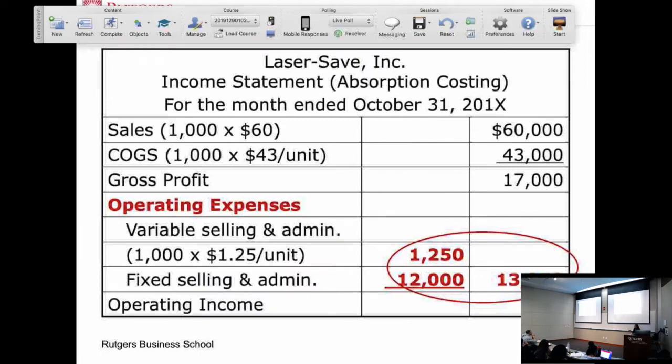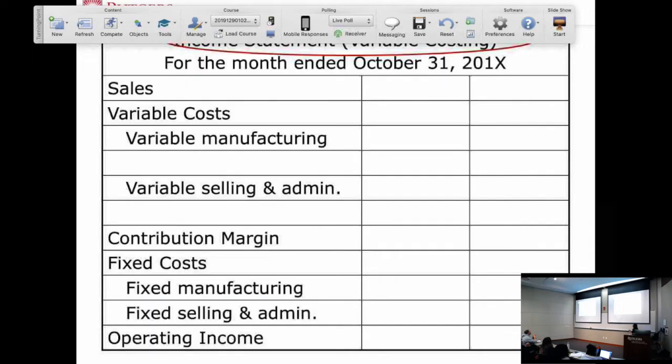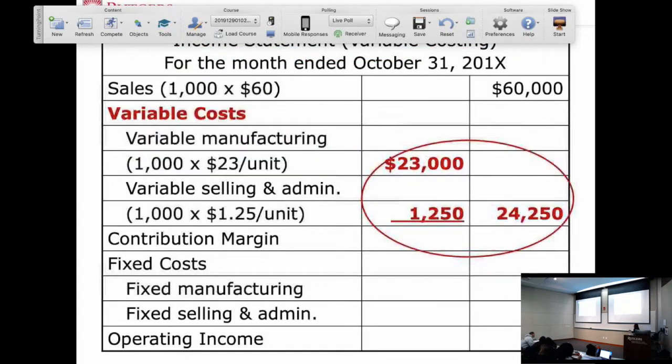3,750. And if we calculate the operating income under the variable costing, we just need to follow the contribution margin format, right? So we first subtract all the variable costs from the revenue, and then subtract all the fixed costs. And the operating income is the same as the one that we got from the absorption costing.